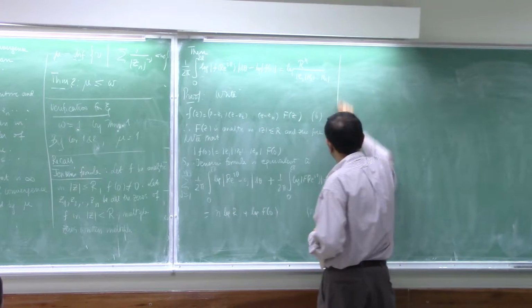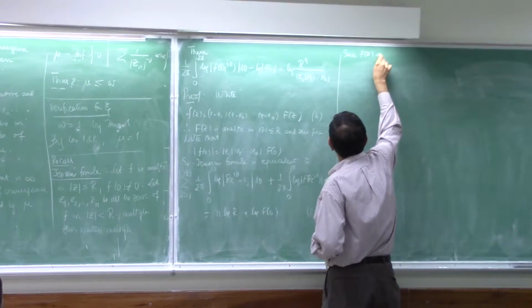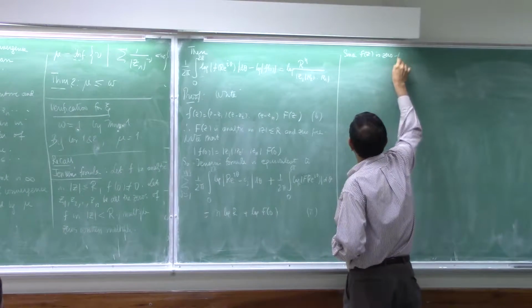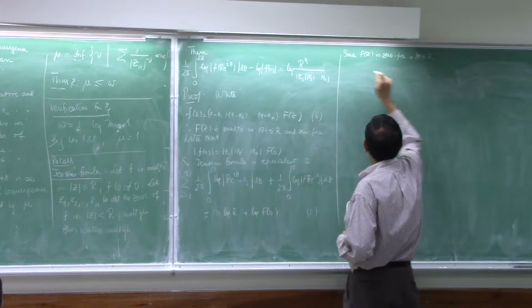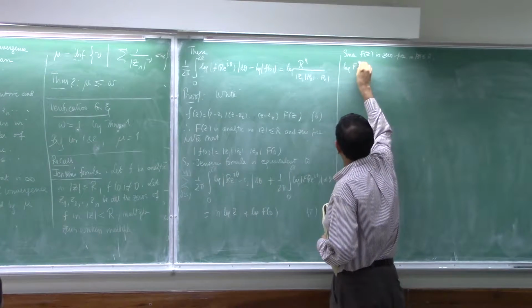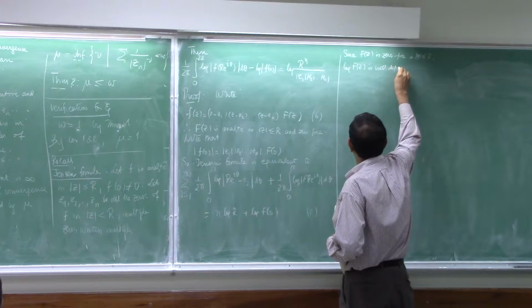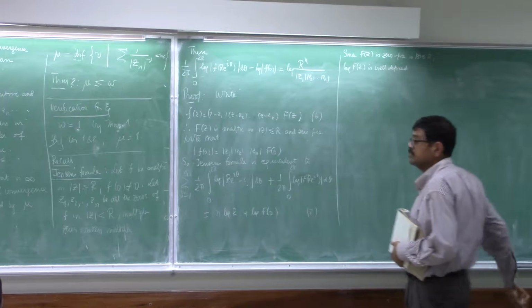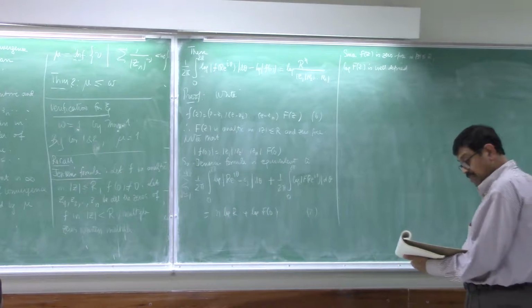Now, since f of z is 0 free in absolute z less than or equal to r, the logarithm of f of z is well defined.